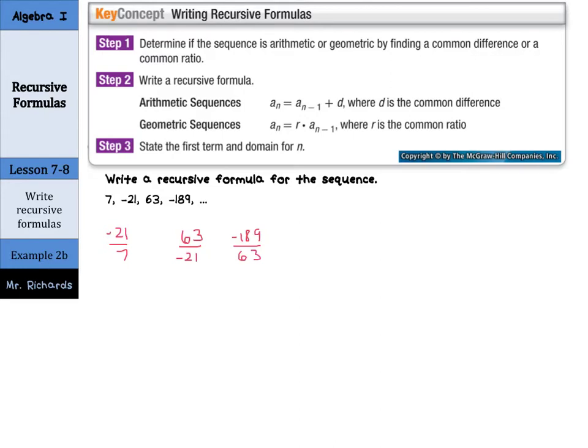All of these simplify into negative 3. So we can say that there is a common ratio of negative 3 as we looked at our sequence. And since it's a common ratio, that means it's going to be a geometric sequence.